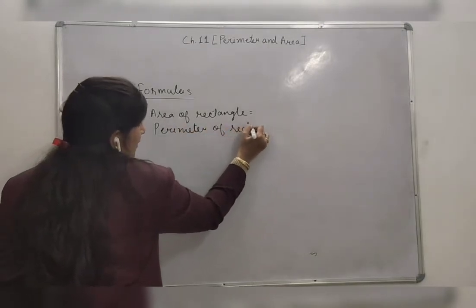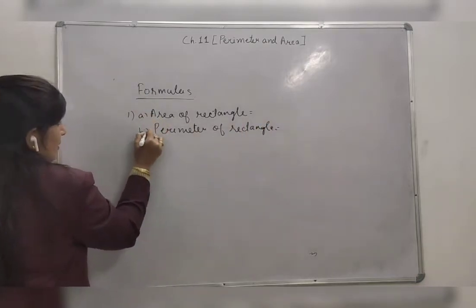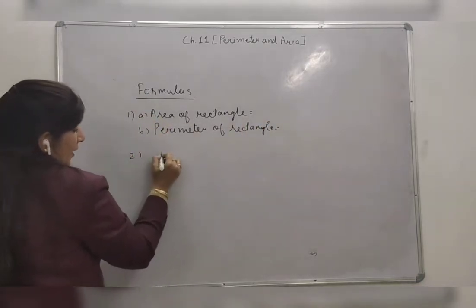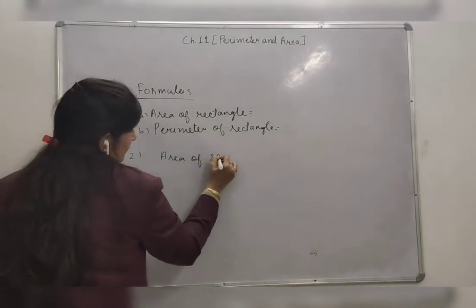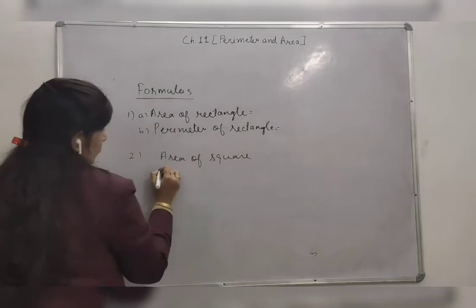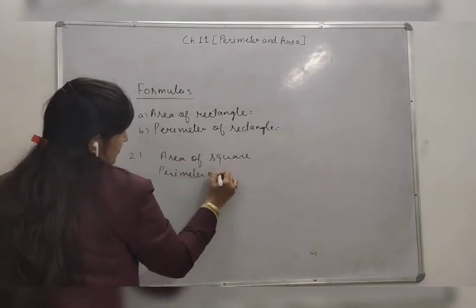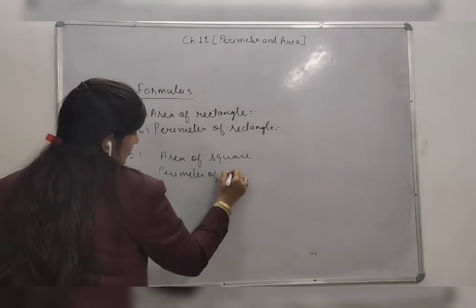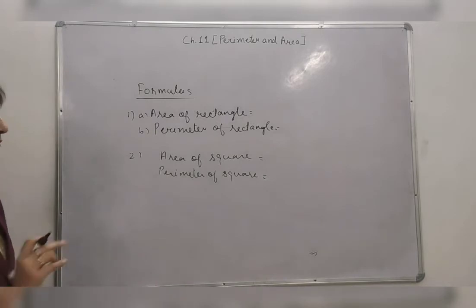And the second one is the area of square, and the formula for the perimeter of square. So for these 2 shapes we need to know the formulas for area and perimeter both.